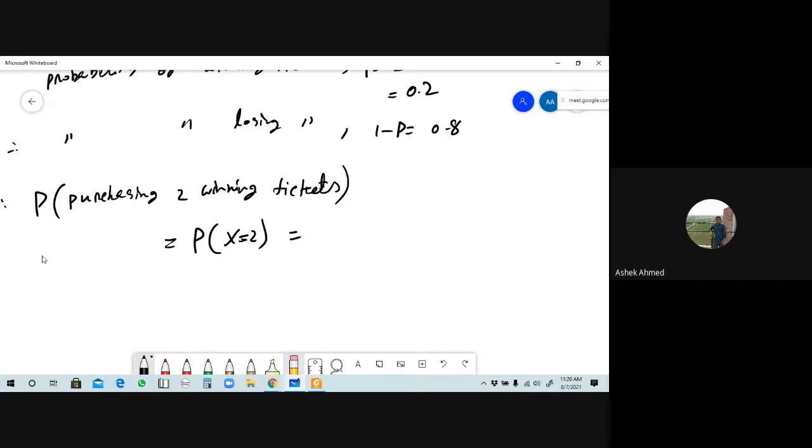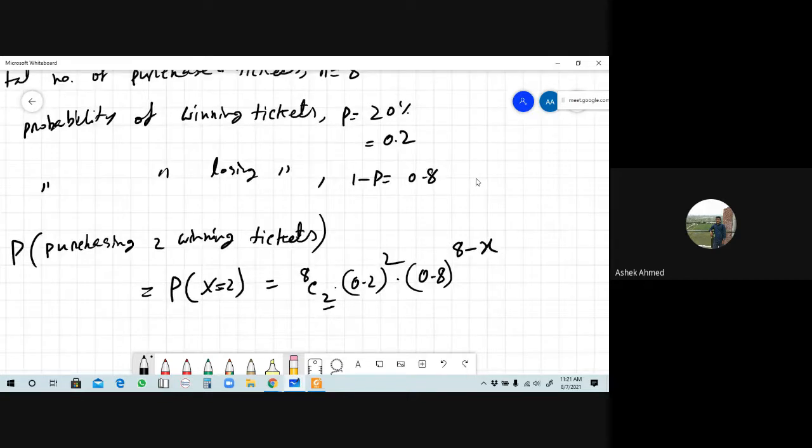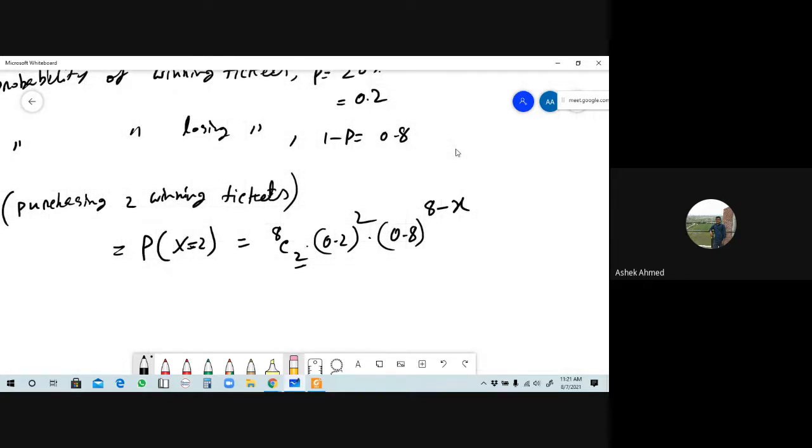Here the value of n is 8, so this is 8Cx, where x is the total number of successes, so x is 2. Then P to the power x, where the value of P is 0.2, so 0.2 to the power 2. And then 1 minus P, which is 0.8, to the power n minus x, that is 8 minus 2.